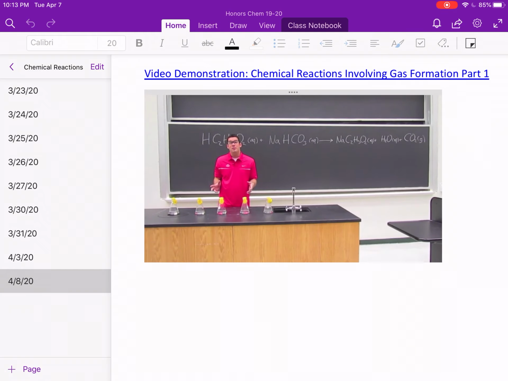In this demonstration, we're going to observe some properties of chemical reactions. In the 5 flasks in front of me, we have 1 molar concentrations of acetic acid, and there's going to be equal volumes of each in the 5 flasks. In the balloons on top of the flasks are 4, 8, 16, 32, and 64 grams of sodium bicarbonate. This reaction is the classic vinegar baking soda reaction that's going to produce a gas. So we're going to collect the gas on top of the balloon and we're going to compare the relative amounts.